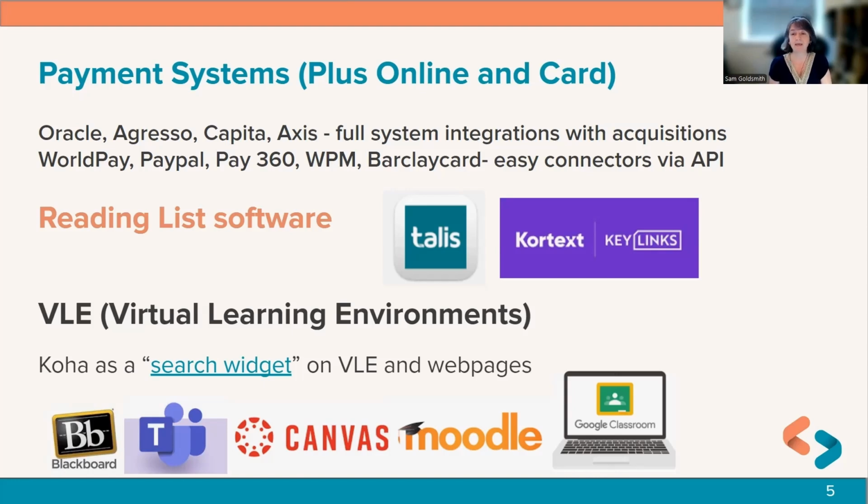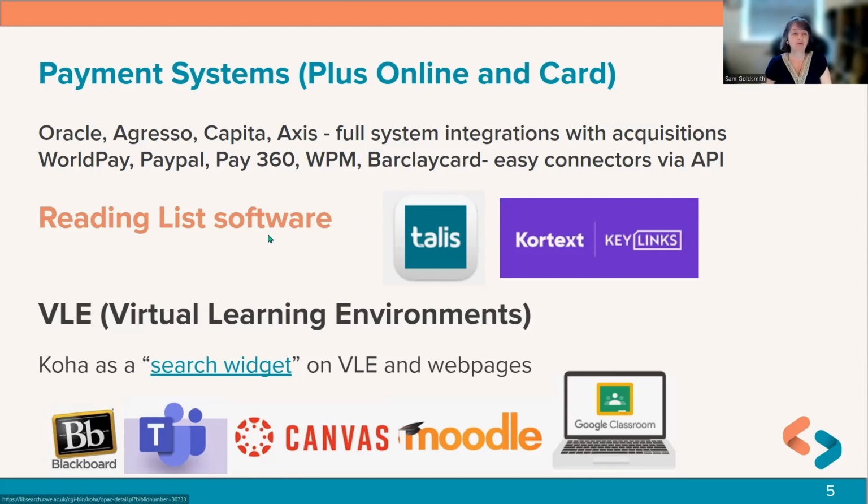A lot easier, however, are the card payments and the online payment systems. These are just done by an easy API connector and can be sorted really quickly. Again, I can't really show you any of those in action because it would only be a registered user that is logged in that would see that as an opportunity to pay.